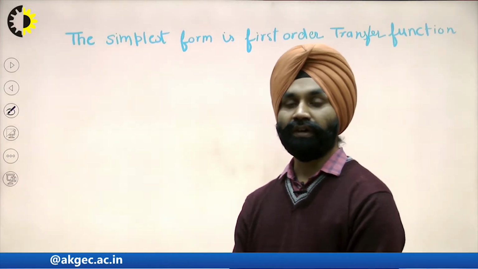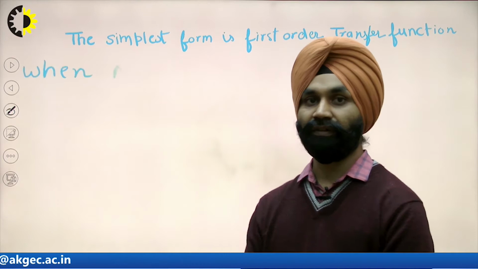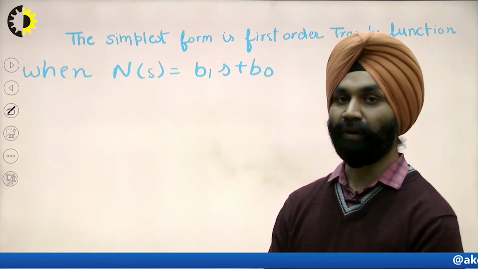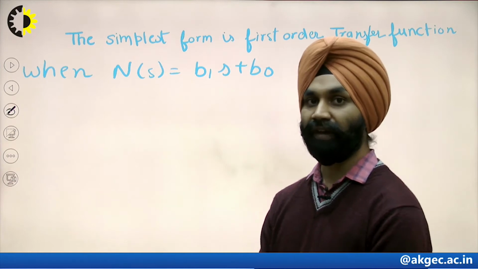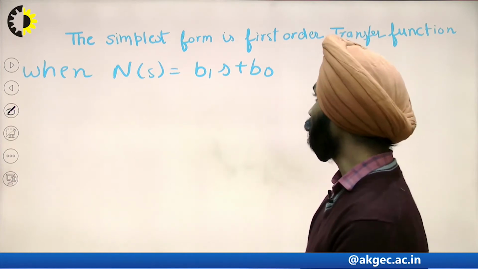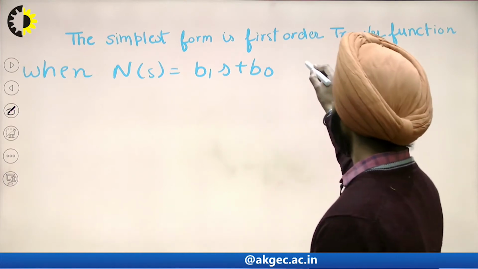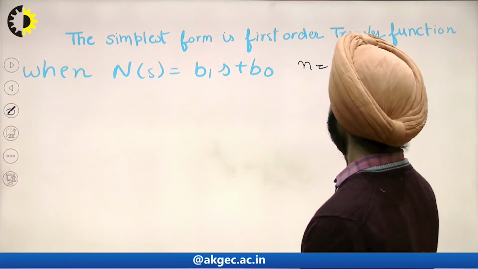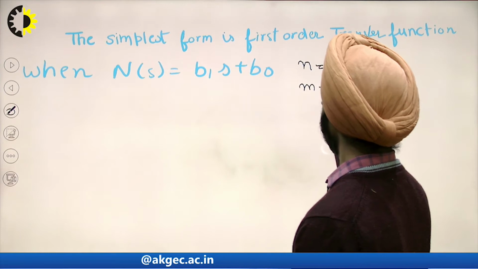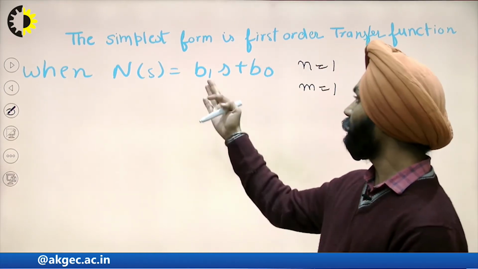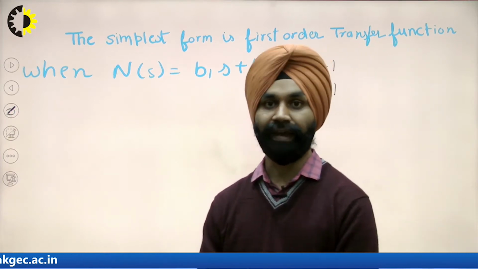So, for the transfer function given previously, the polynomial has its simplest form when n is 1 and m is 1. So, when n is equal to 1 and m is equal to 1, the numerator can be given by b1 s plus b0.